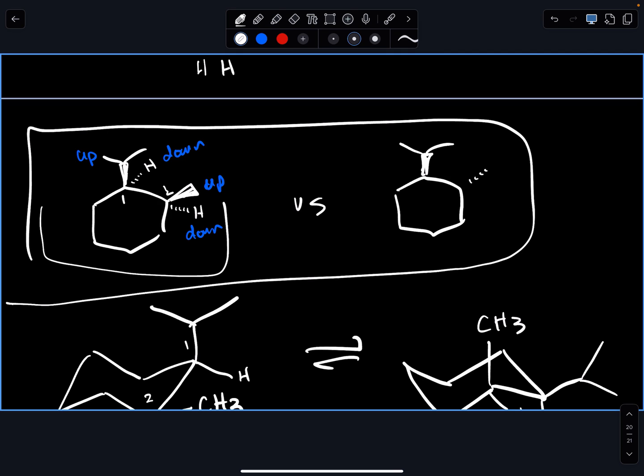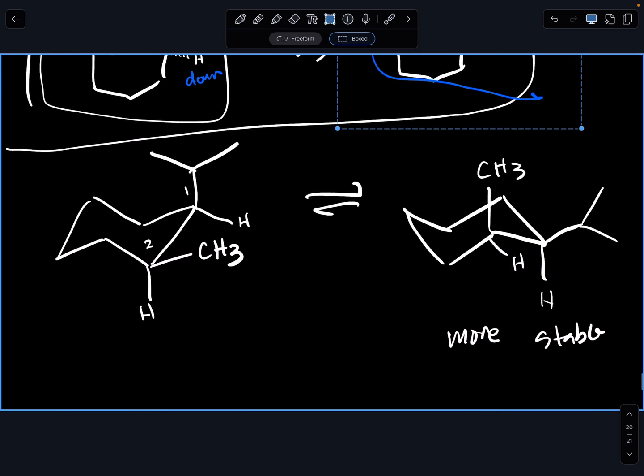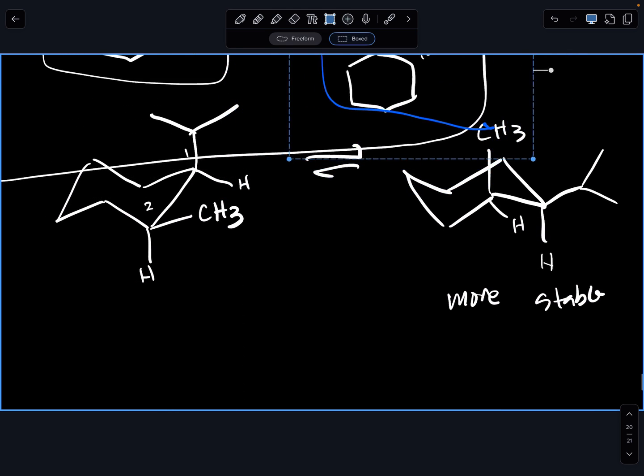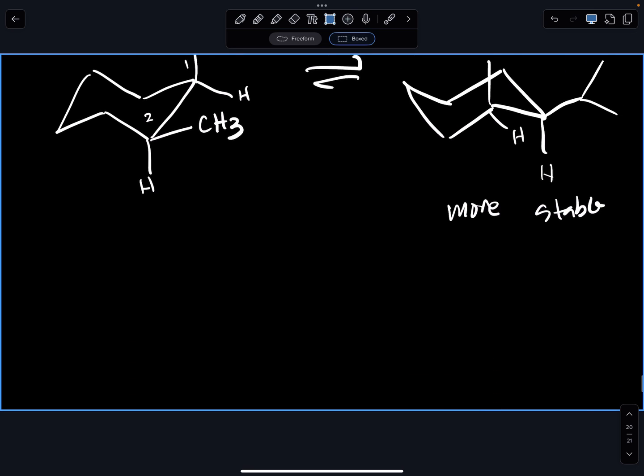So we got to do the same thing for the right one. And I would say that this group is up and this one is down. Okay? So we're going to take this and we're going to move it. Too much is coming with it. I'm going to redraw it down here.